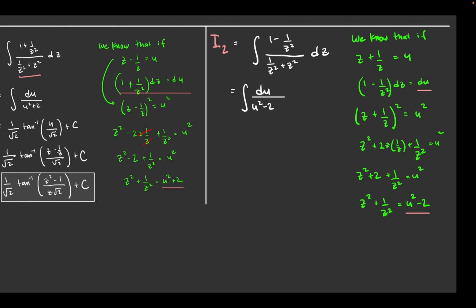Now, clearly, this is not an arctangent na form kasi u squared minus a squared siya. Right?